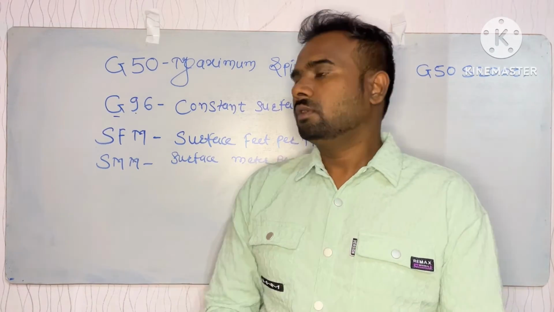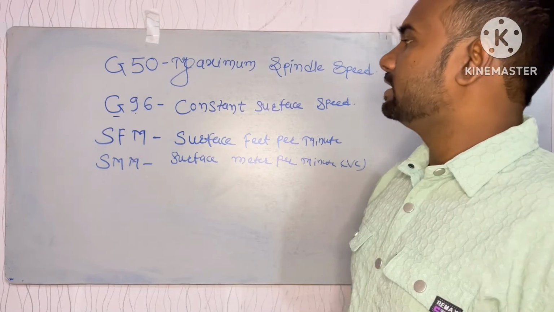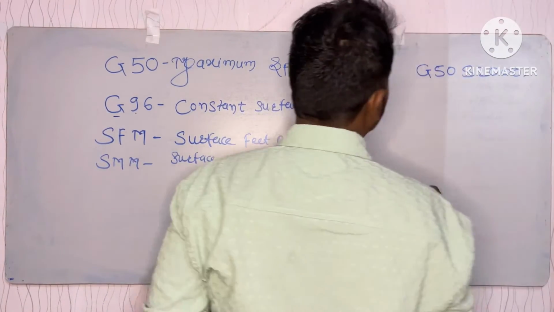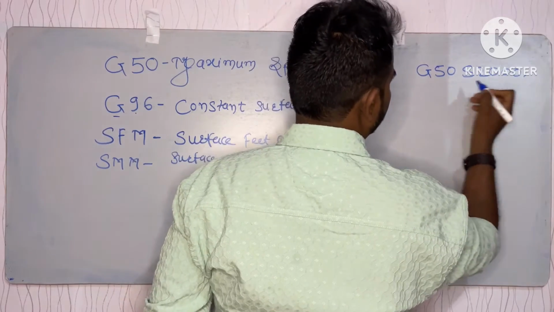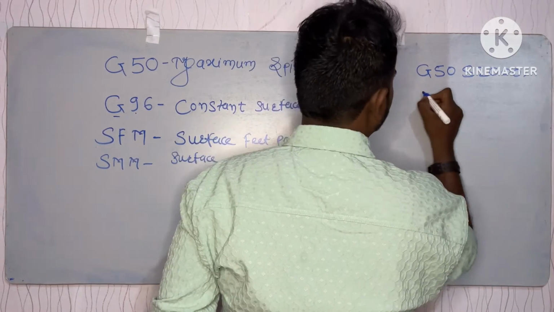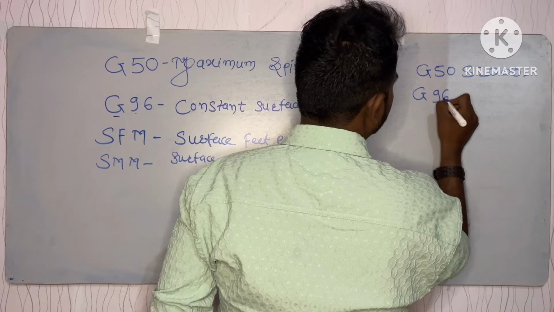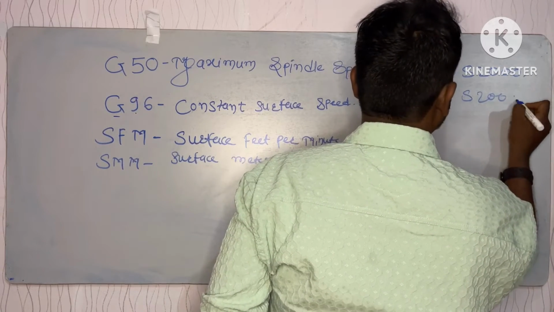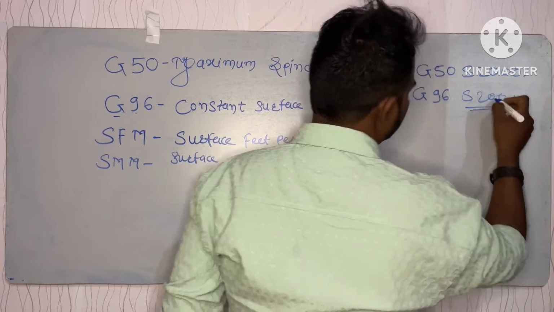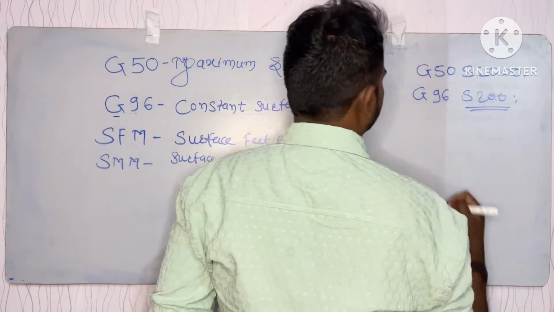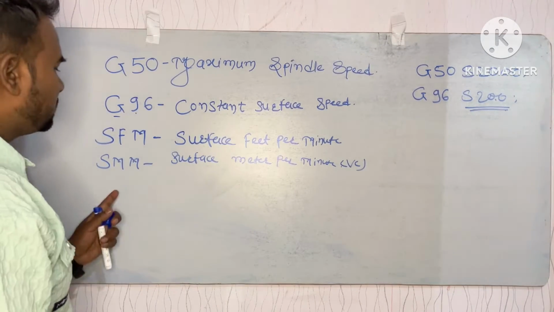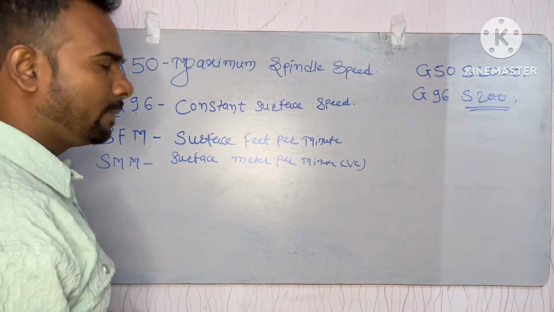Let's check our program format: G50 S2000, G96 S200. This S200 does not mean spindle speed; it means cutting speed or VC, or SMM, surface meter per minute.